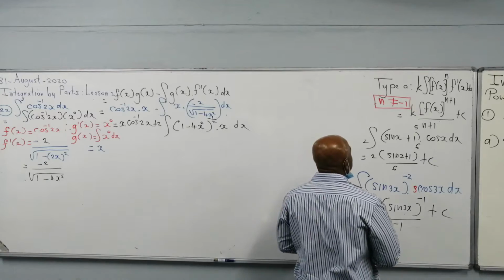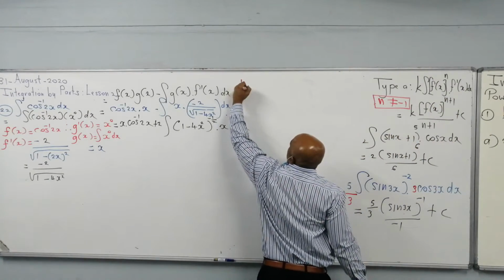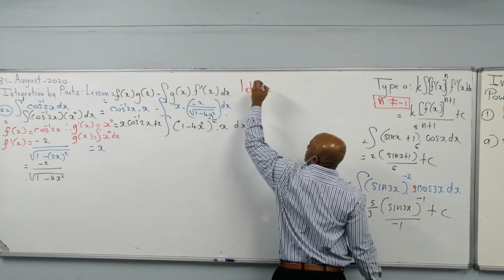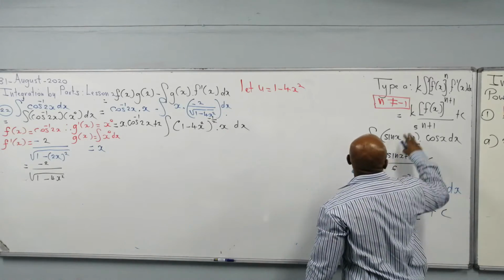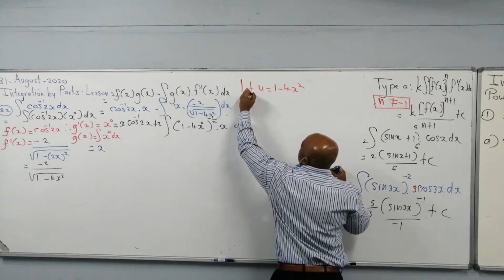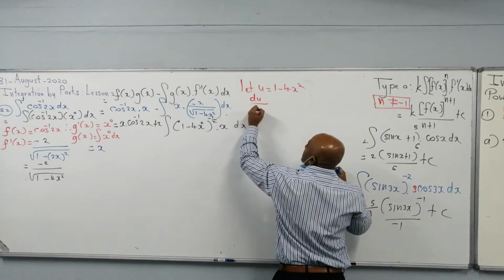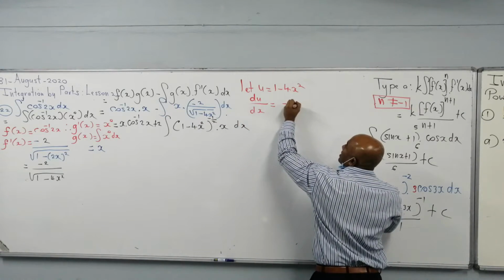So with U-substitution, always let U equal to f of x. So I'm going to let U equal to 1 minus 4x squared, which is the f of x part. Then du over dx, the derivative of 1 minus 4x squared, is minus 8x.